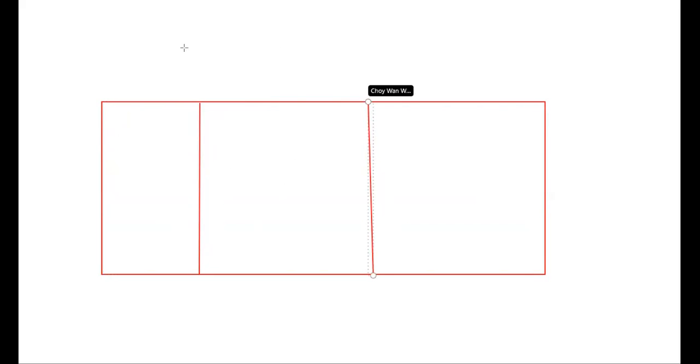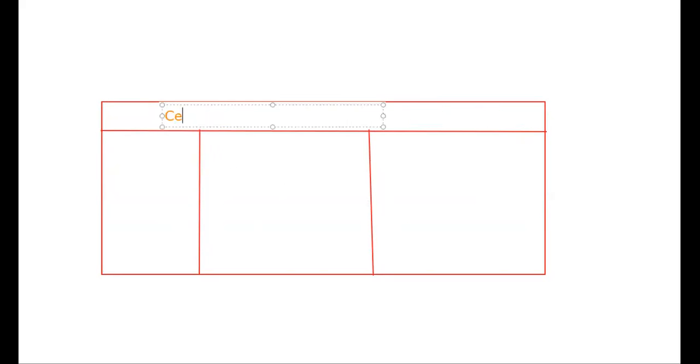Now, you can put here the cell. Okay, then you can put here 1, and you can put here 2.